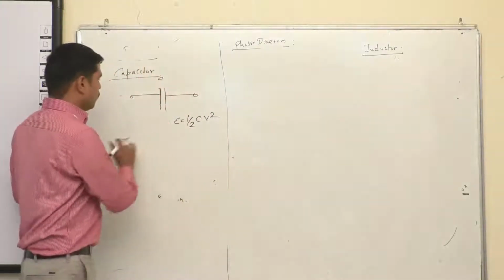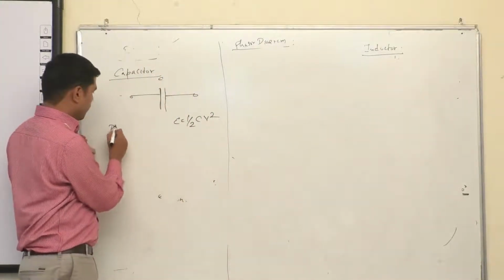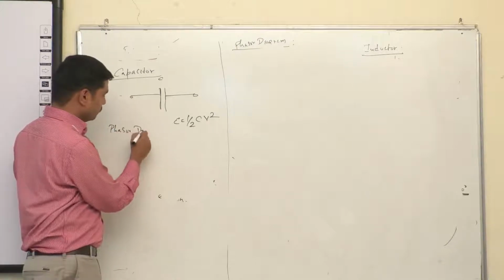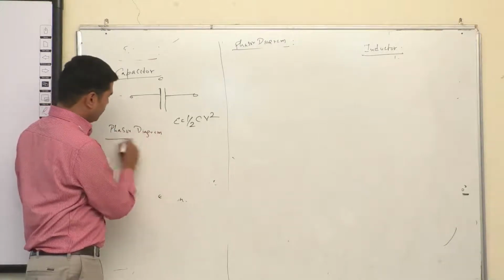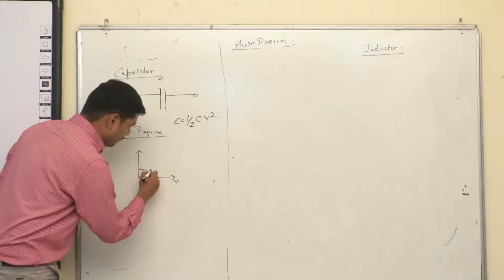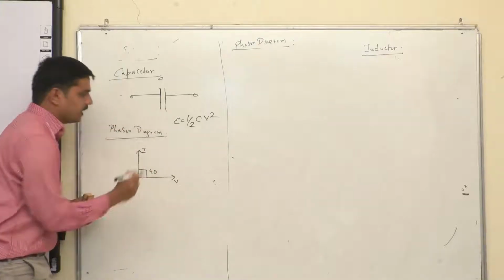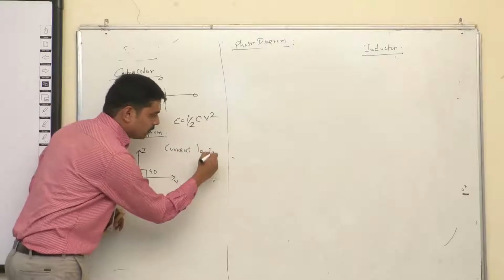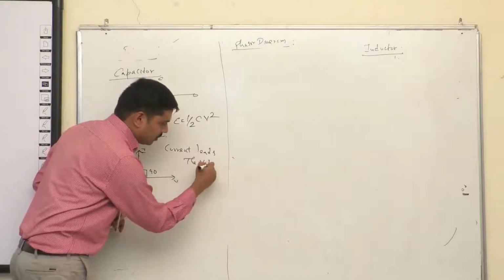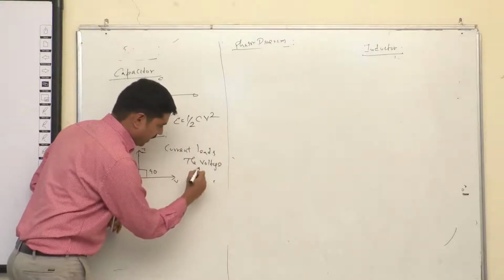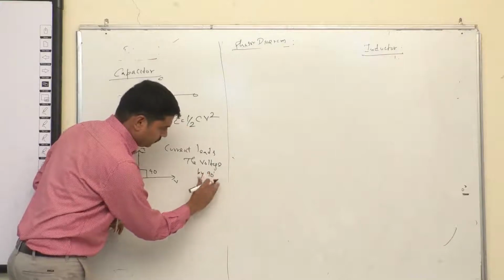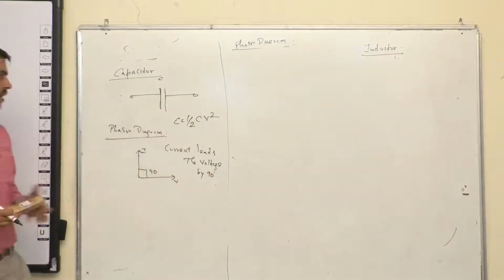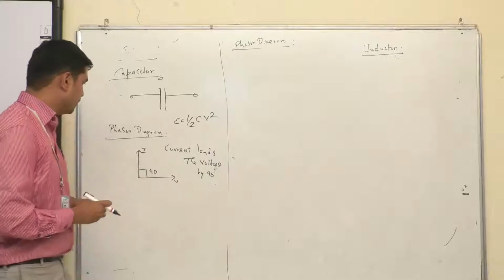Actually, if you see the phasor diagram of a capacitor, it is exactly opposite to the inductor. Here the current leads the voltage by 90 degrees.